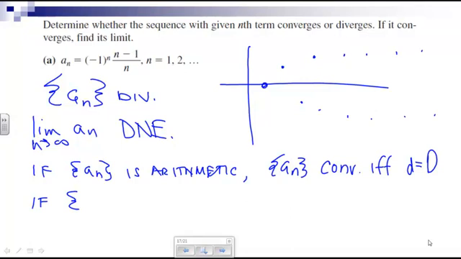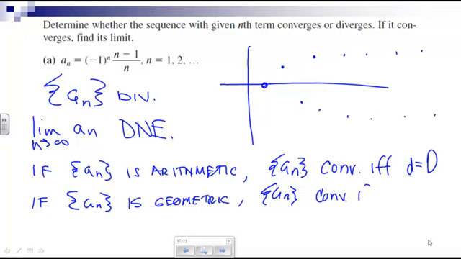If a sub n is geometric, the sequence a sub n converges, and actually it gets a little bit fancier than what I originally said, if and only if r is greater than negative 1, but it can actually equal 1.